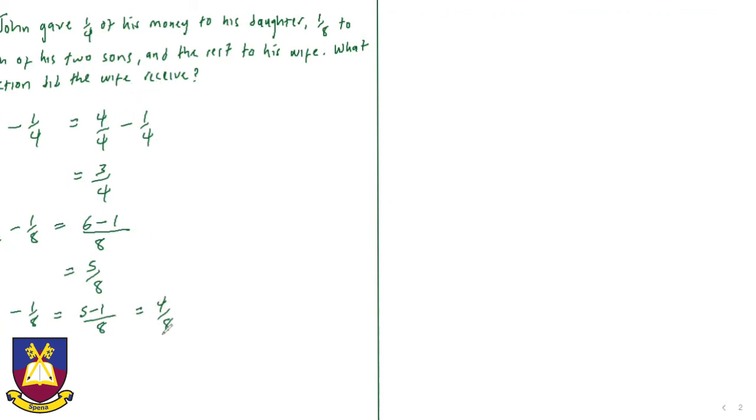We could reduce by 2. 4 becomes 2 and 8 becomes 4, 1 by 4, 2. Therefore, the fraction the wife received is a quarter.